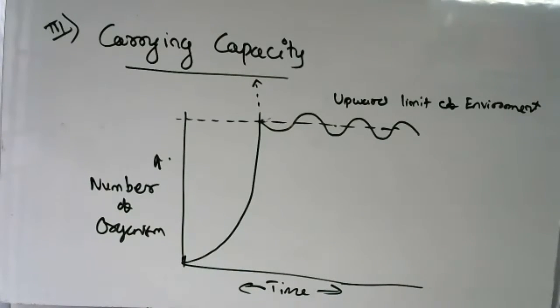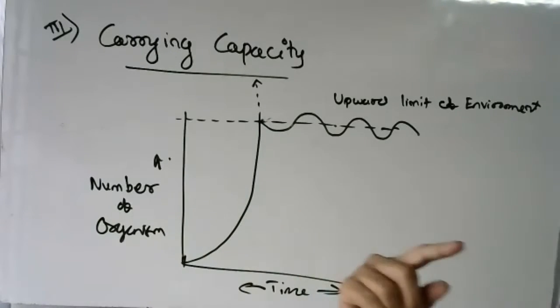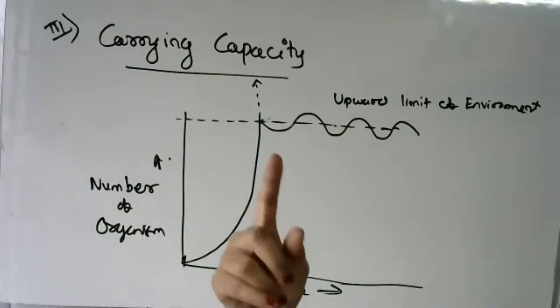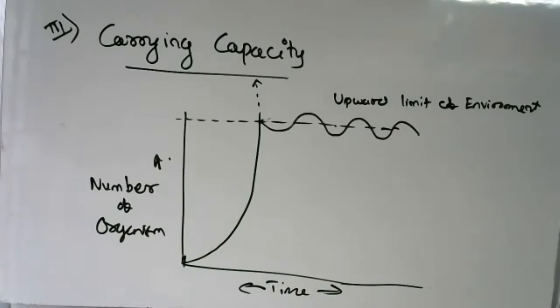The population size seesaws, going up and down around the upward limit.